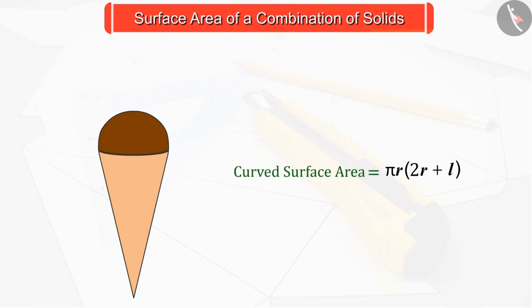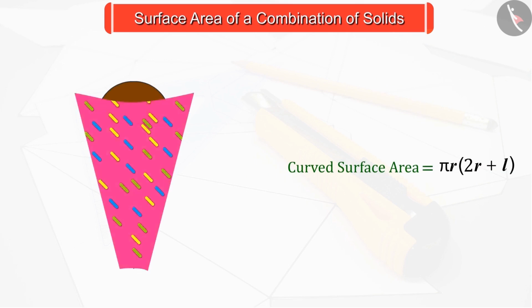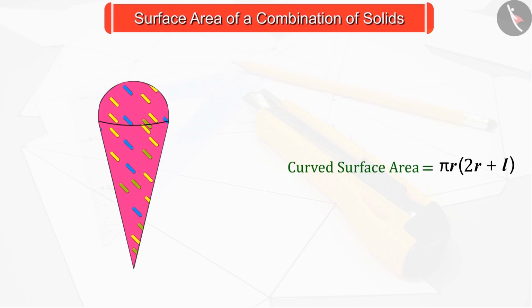We obtain the curved surface area of an ice cream cone as pi r (2r + l). You can see that the paper used to pack the ice cream cone will be equal to the total curved surface area of the cone.